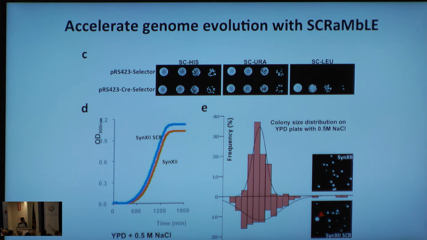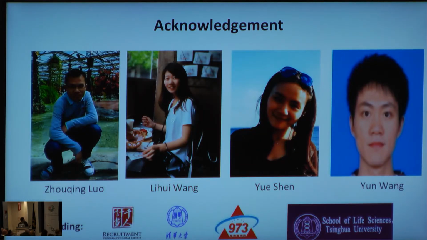Then we put a selection on that population. Once you have that leaky transcription, the cell population can actually grow better under these stress conditions. Now we are also in the process of trying to identify why this population confers this salt resistance.